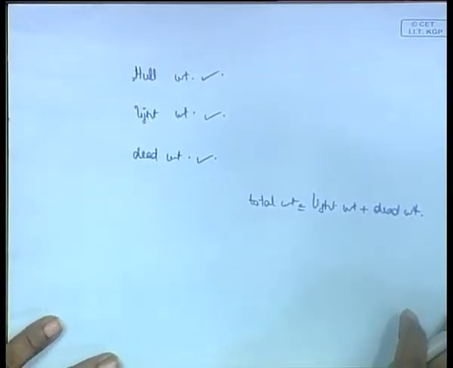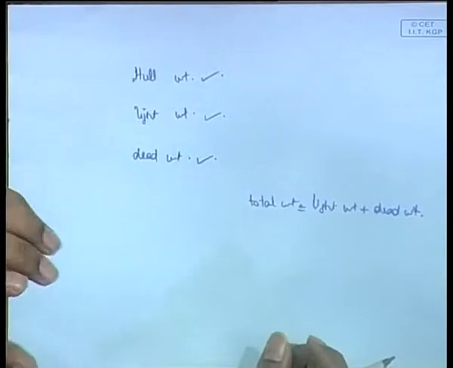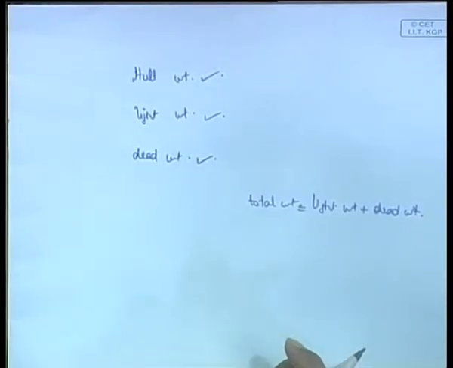Now, we can talk about different types of moments as well. We have talked about moments about the keel, we have done that many times to find KG. If you remember, even in the last problem we did, we were finding the net KG once a weight is added. Initially the ship is there, you add some cargo, you find the final KG.